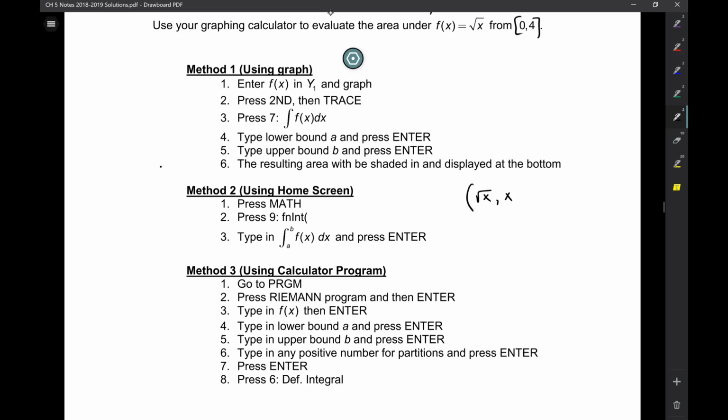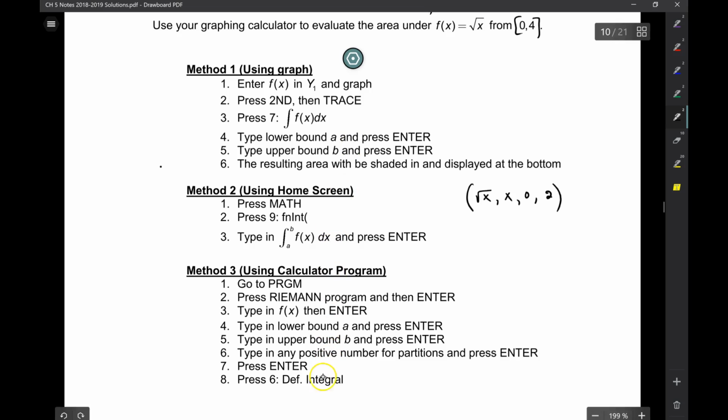Comma is its own button, above the 7. Then you do the interval 0, comma 2. Please do it, press enter, make sure it works. I'm 99.999% sure that this is the syntax.